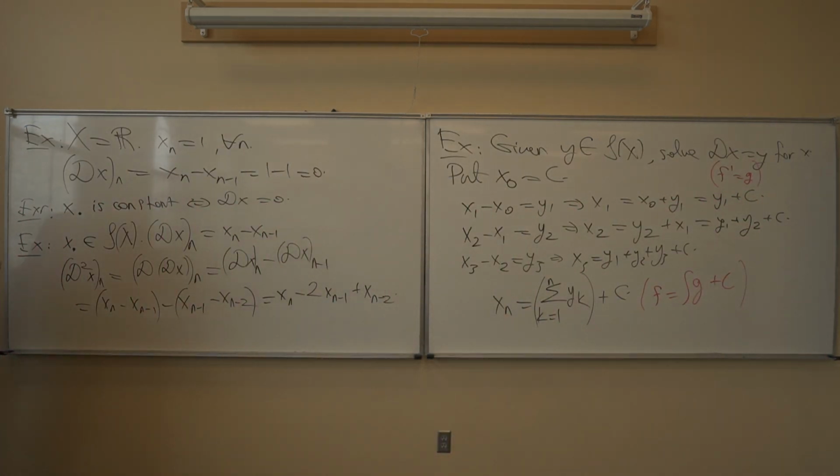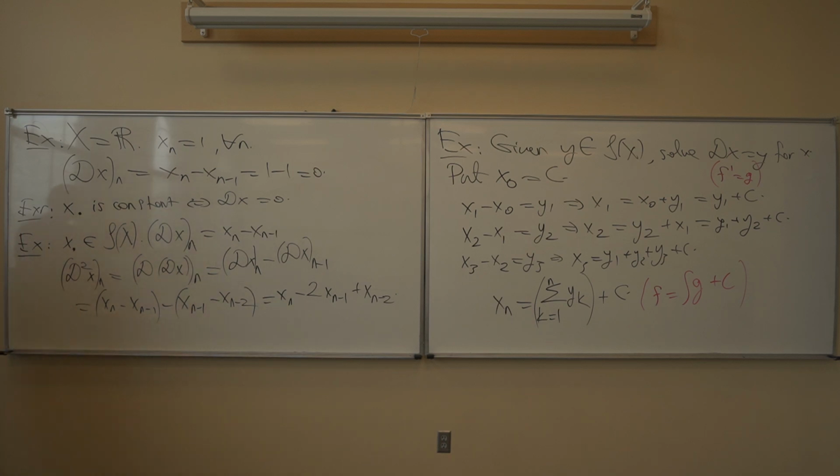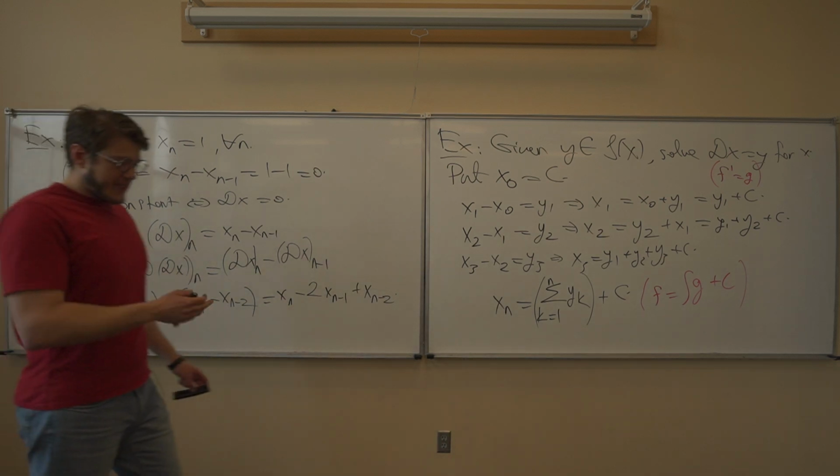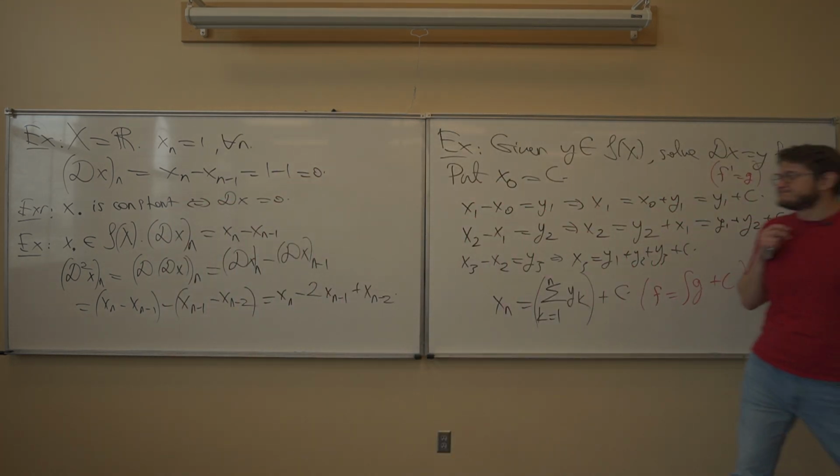So what do I need? I would like to develop this theory so that ultimately we have one analog for the fundamental theorem of calculus 1 for the discrete case, and another analog for the fundamental theorem of calculus 2.